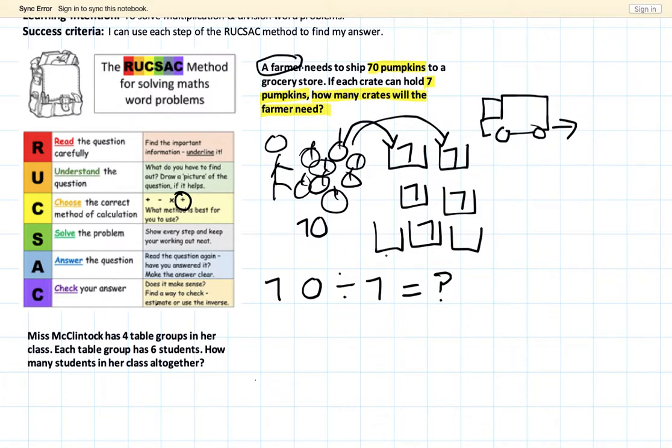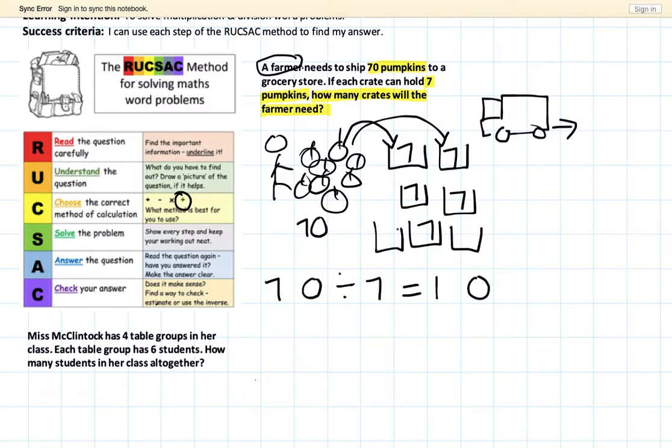Have a think about it. What do you think it might be? Something times 7 equals 70. Think about your 10 times tables. That's right, 10. 10 times 7 equals 70.